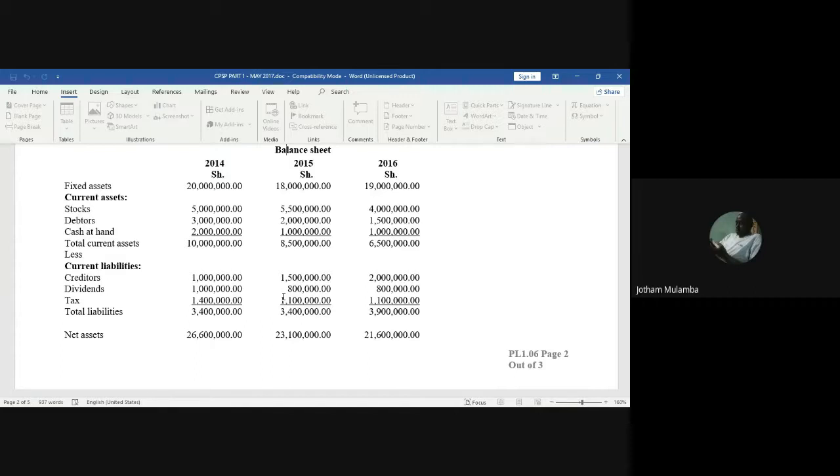So you calculate for 2016. 1.67. Yeah, so that means that now our current assets keep on reducing from the year 2014 to 2016.